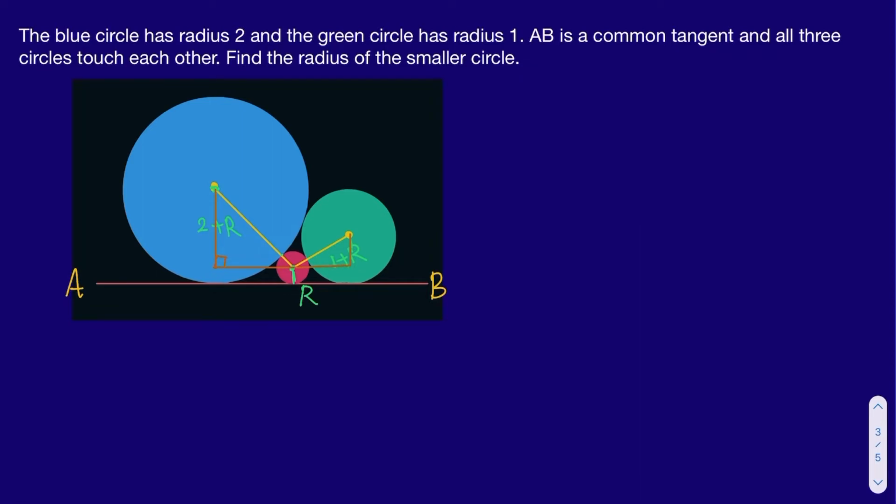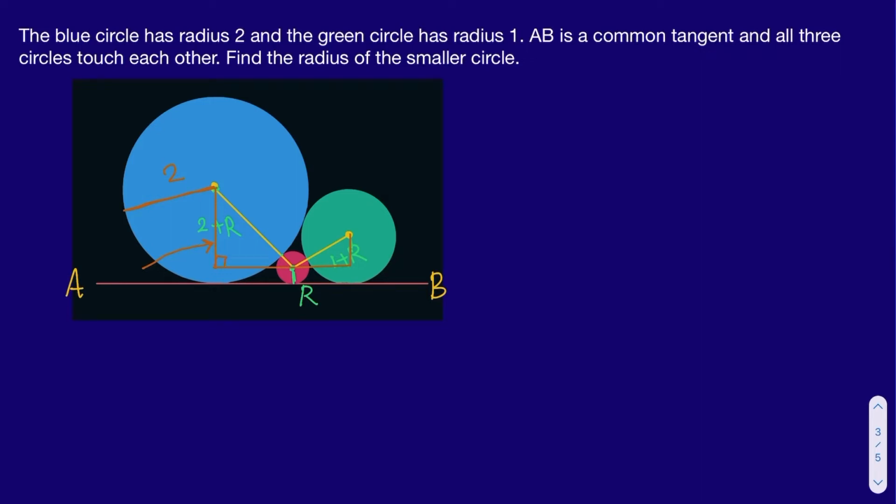Then I will try to find the magnitude of this side of the triangle. Here, if I look carefully, the radius of the circle again is 2 units, but something has been deducted from these 2 units, and that is equal to the radius of the smallest circle, the pink circle.